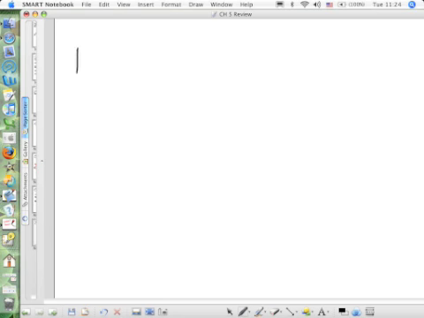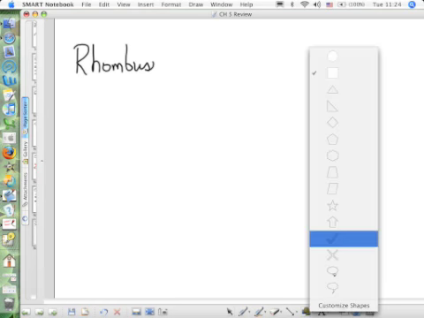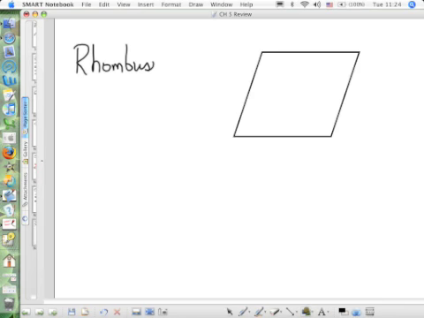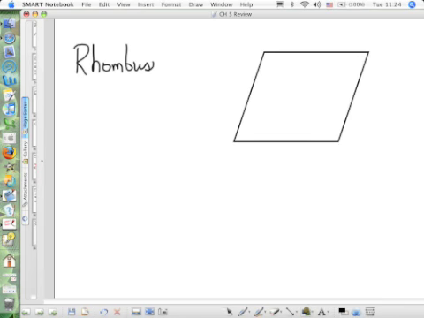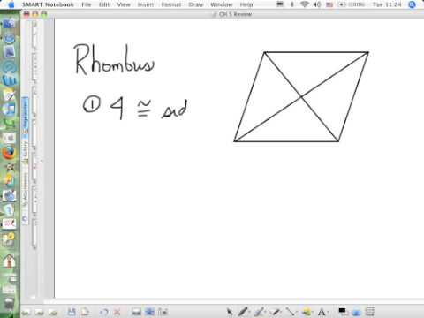All right, we also learned about the rhombus. Be able to identify the properties of a rhombus. All the sides are equal. So it's like a slanted square.